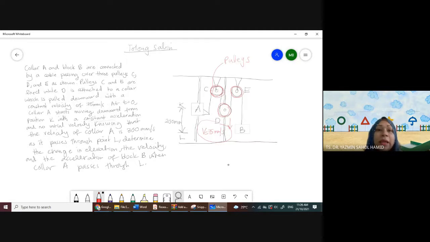All right, now at t equals 0, collar A starts moving downward from K with a constant acceleration and no initial velocity. So collar A is moving downward from position K with a constant acceleration.